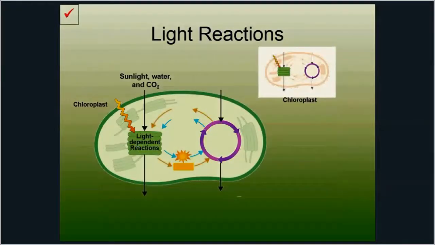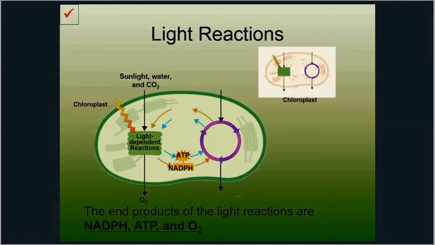This is a picture of the light reaction that is occurring in the thylakoid membrane inside the chloroplast, with sunlight and water going into the thylakoid membrane. And then it is producing NADPH and ATP, and oxygen is a byproduct. The end products are NADPH, ATP, and O2.